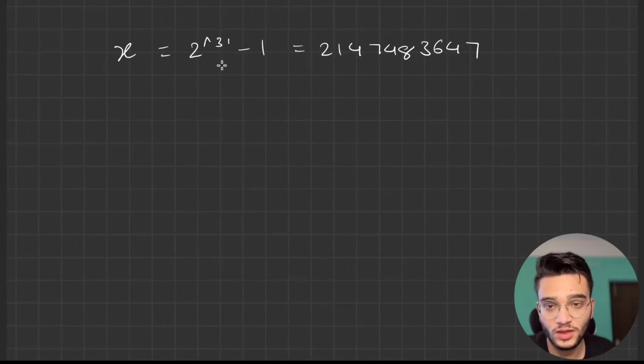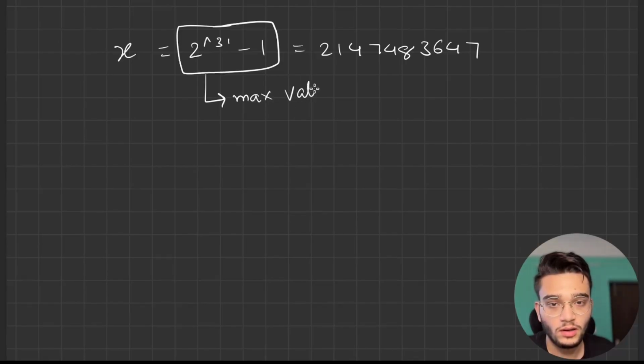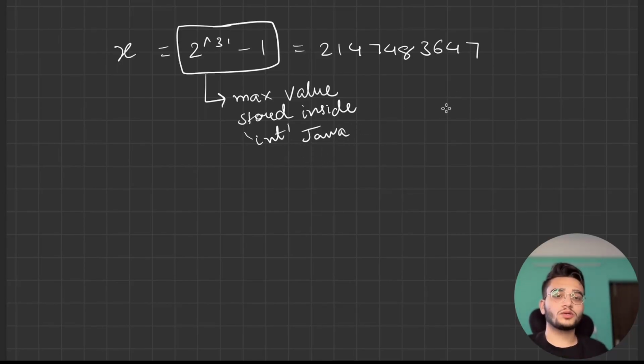Now 2 to the power 31 minus 1 is also the maximum value that can be stored inside of an int variable in Java. So let's say your x is equal to this particular value.